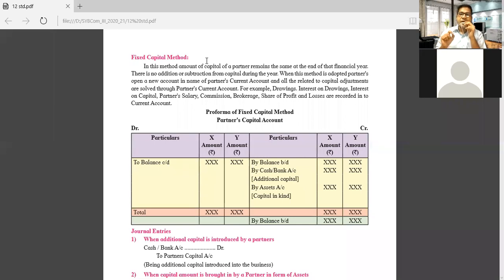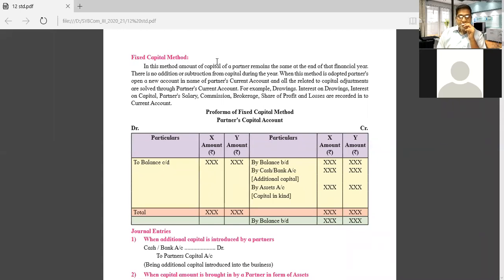When this method is adopted, partners open a new account, and the name of the account is called the current account, and all related capital adjustments are handled through the current account.